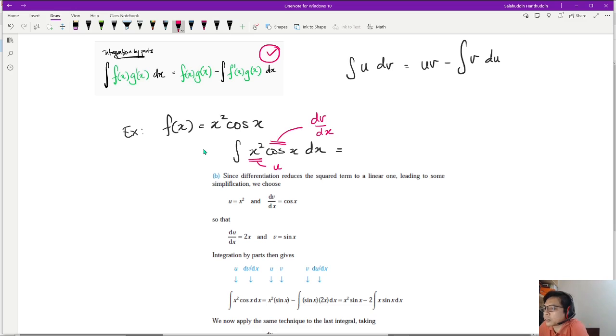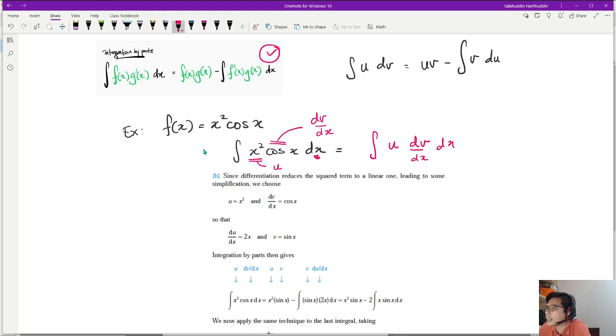You're going to have this form, u dv, because this is dv/dx and then you've got another dx here.